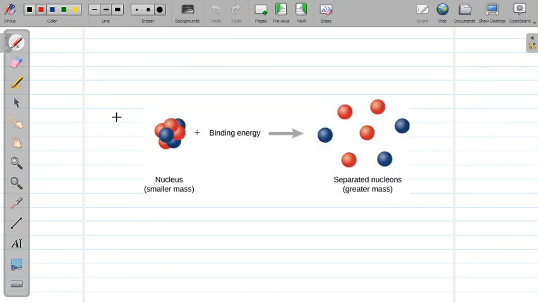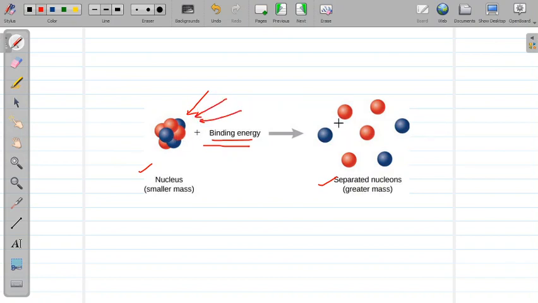So if we want to break down the nucleus into its component nucleons, then we should supply the nucleus with binding energy. When the nucleons combine to form a nucleus, the mass is lost and binding energy is liberated, and vice versa. If we need to separate the nucleus into its component nucleons, we should supply it with binding energy.